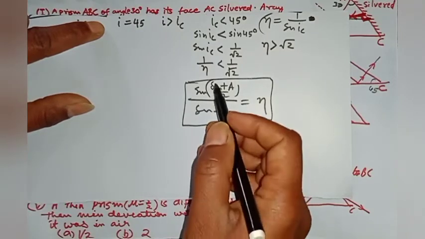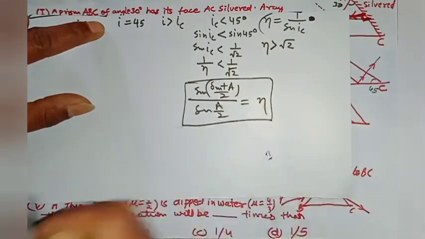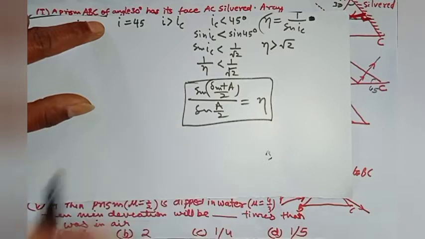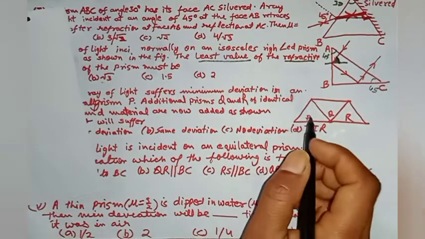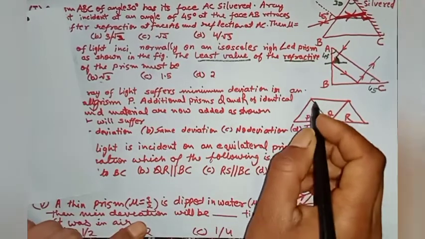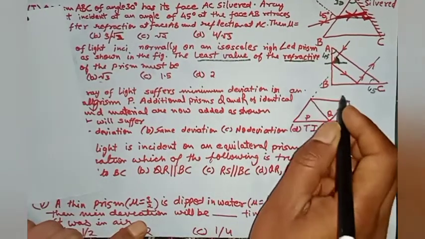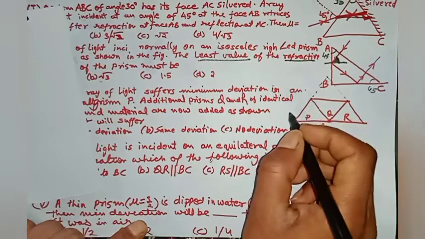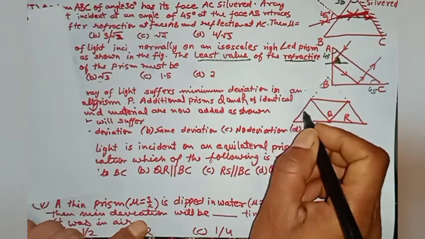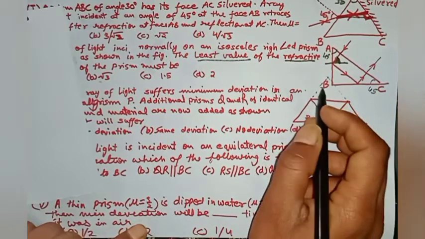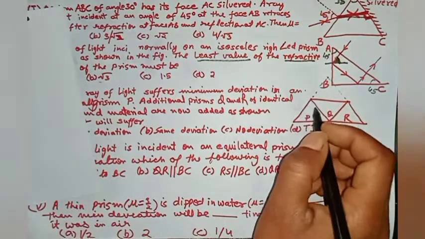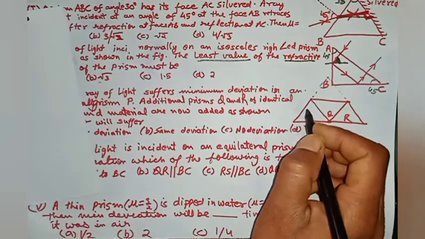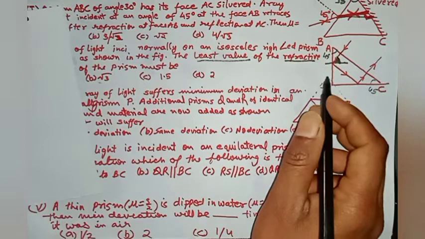Now we can say this minimum deviation depends upon A and eta, nothing else than that. So if we have made the entire arrangement like this, if the ray is incident somewhere here, it has nothing to do with what is on the upper side, because this ray will not get deviated because something is on top of it.